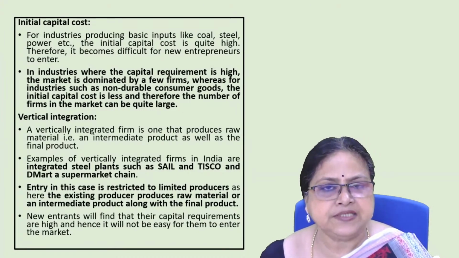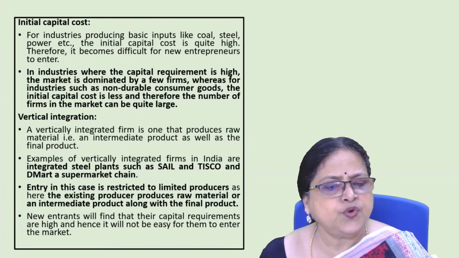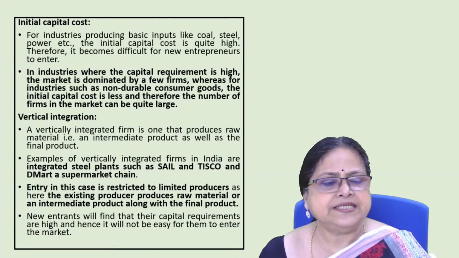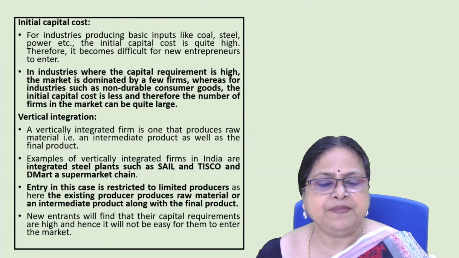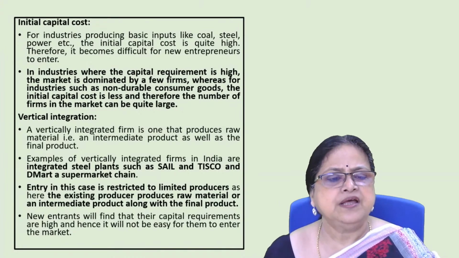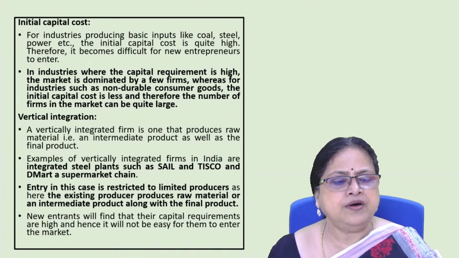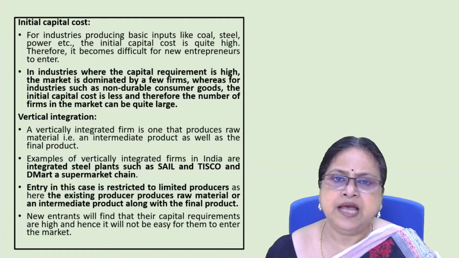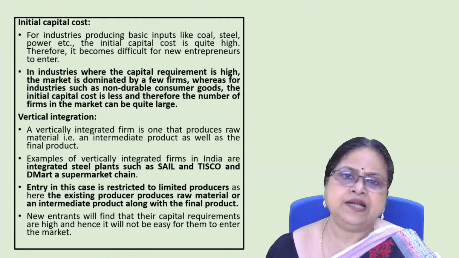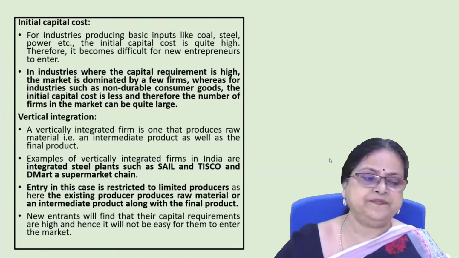That is vertical integration. Examples are SAIL, steel plants, Tisco, D-Mart, supermarket chains. Entry in this type of market is restricted to limited producers, as the existing producers produce raw material or an intermediate product along with the final product. New entrants will find that their capital requirements are high, and hence it will not be easy for them to enter into the market.